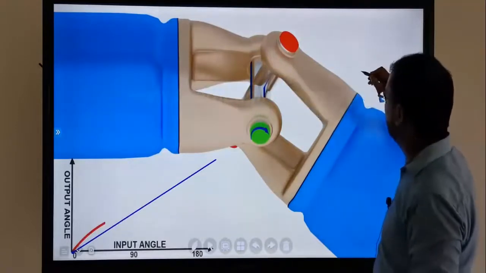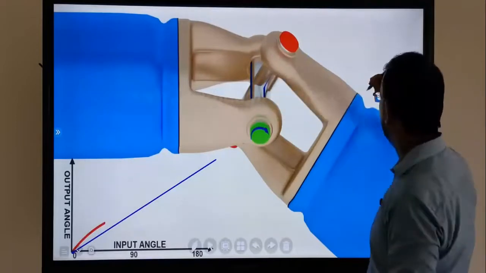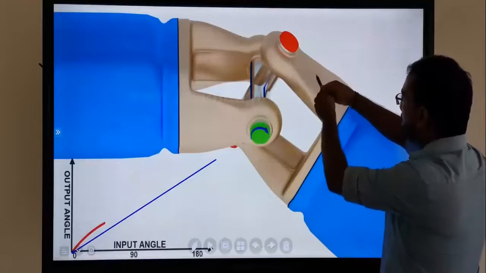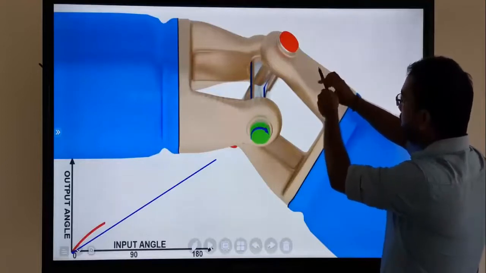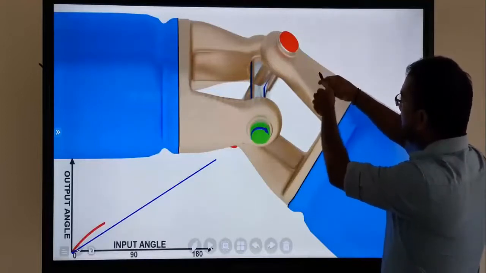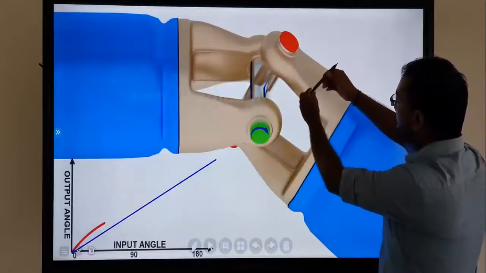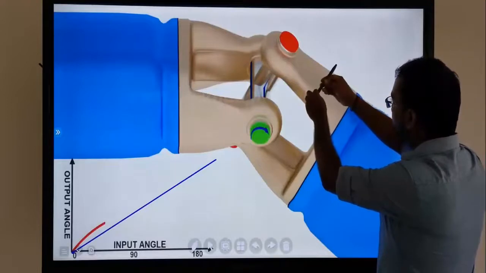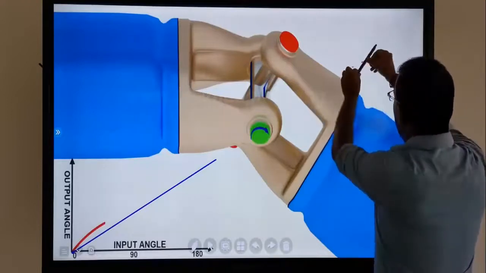That means, okay, you can see this is the input pin, the cross pin. The input pin of this cross is rotated like this, but here the output is rotated like this, but at every 90 degrees, that means when it's like this, okay.